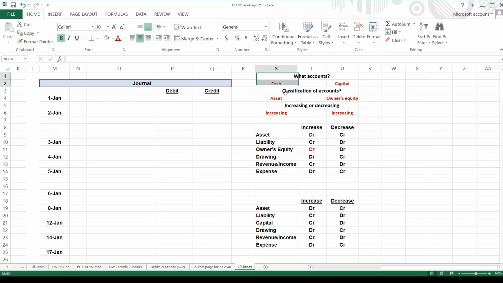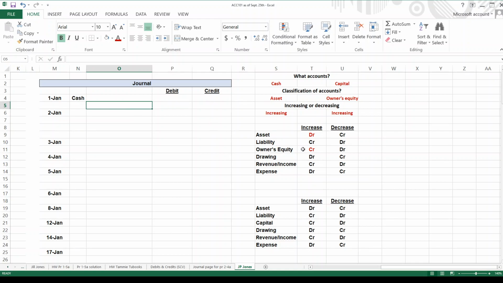Once we've worked this out, we go to our rules, the rules that were developed by Luca Pacioli in the year 1500. Cash is an asset, and I want to increase it, so I'm going to debit cash. Capital is owner's equity, and I want to increase that.